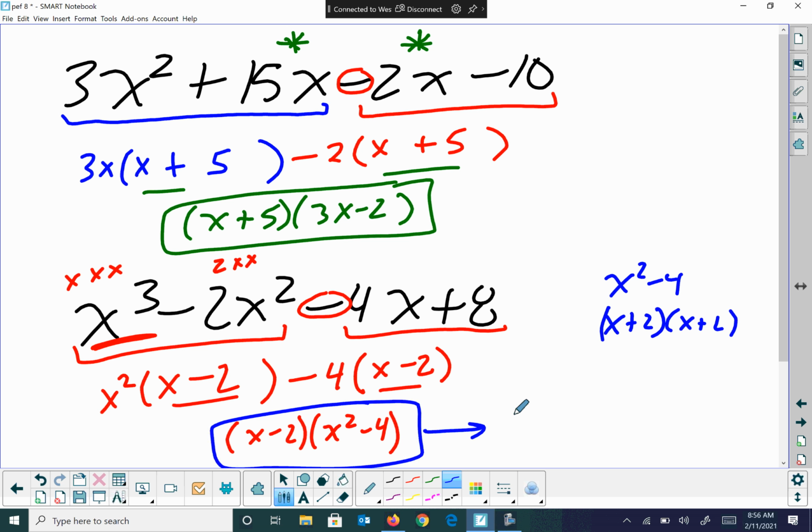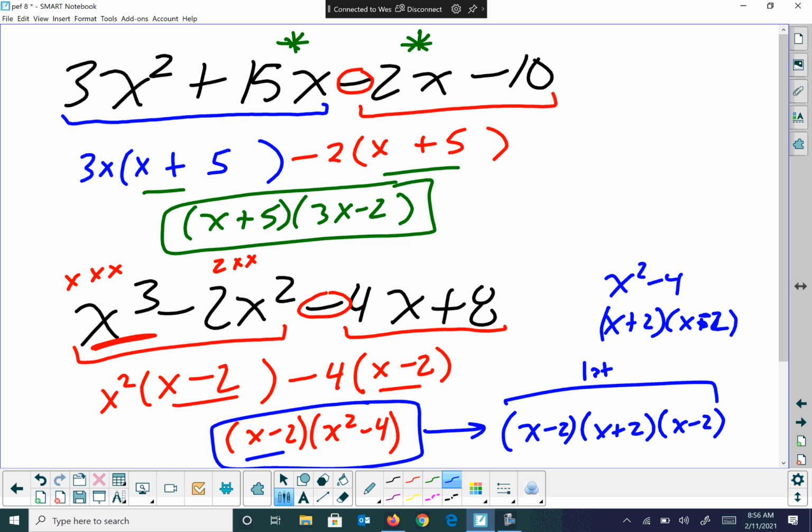The next version of this problem is having x minus 2, because I have that, and then I have x minus 2. So we actually have two x minus 2s. So this is a later answer that we will start getting to. As of right now, if you can get to here, I think you have accomplished your goals.